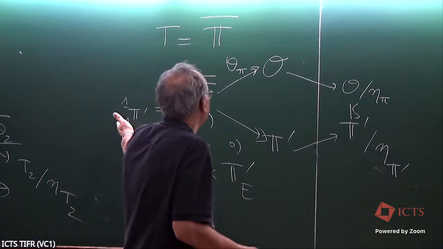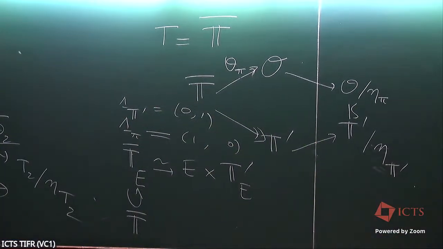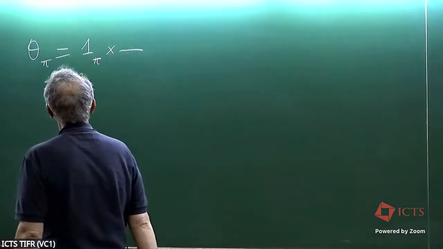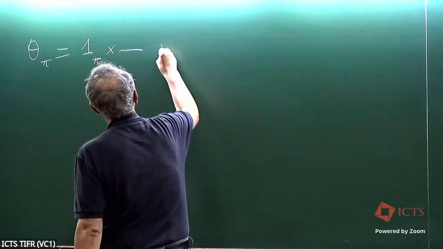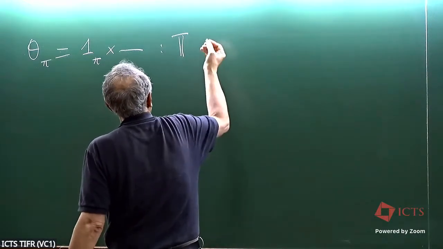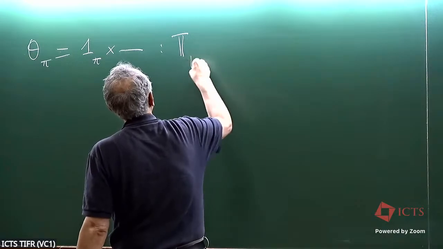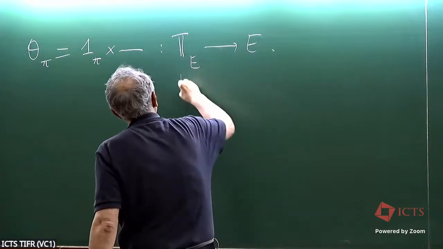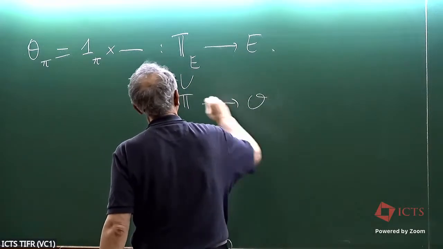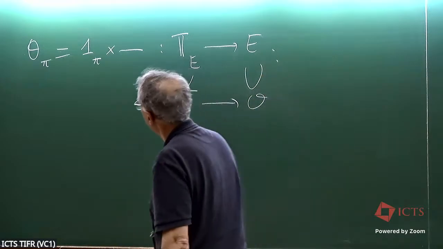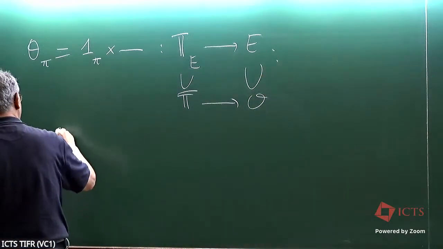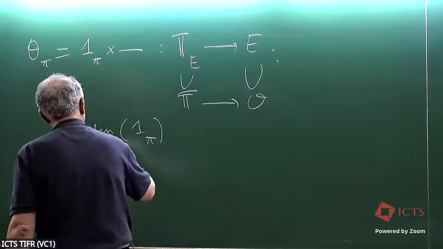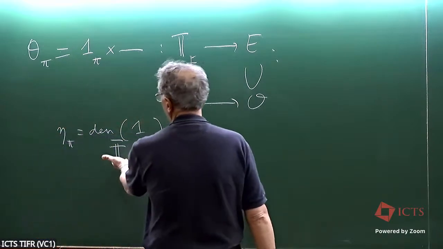So you can view theta pi as nothing but the endomorphism of multiplication by 1 pi, which is actually a map from TE to E, and which sends T to O. And it's an easy exercise to show that eta pi is the denominator of 1 pi relatively to this integral structure.